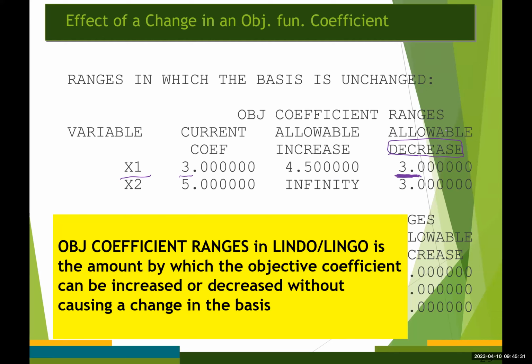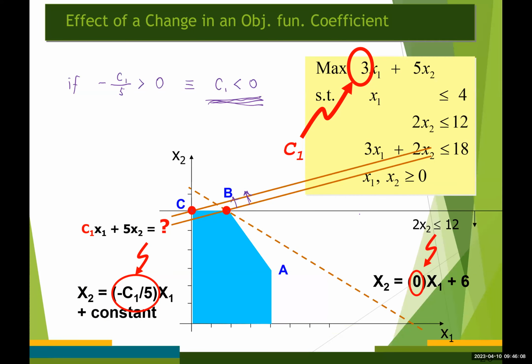So if C1 becomes less than 3 from the current value, minus 3, the allowable decrease limit, which is 0, then the current basis will no longer be optimal. And we've known this information already, right? Right here.